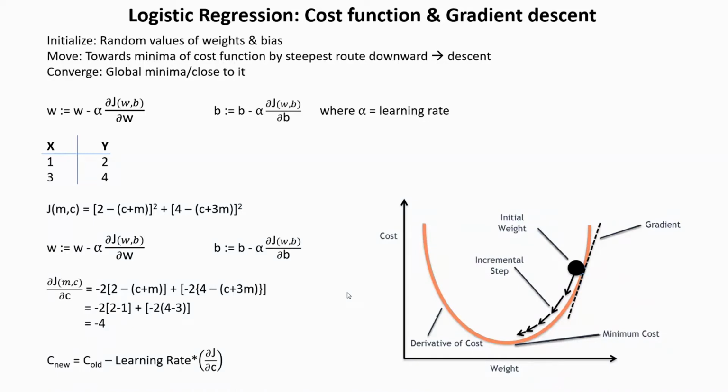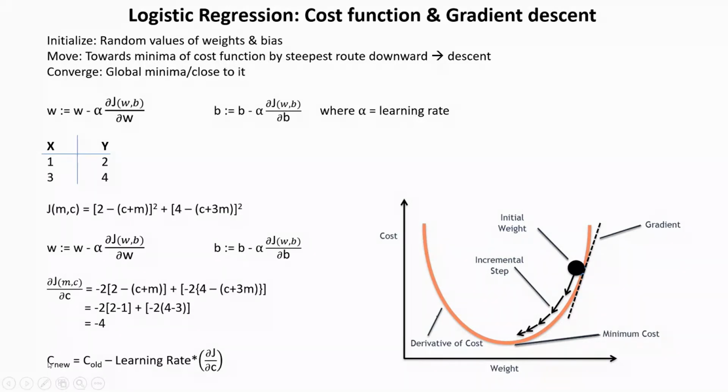I did not follow. Because the new C, if the derivative of the cost function with respect to parameter C is a negative value, right? If that is negative, the new C would obviously be greater than the old C. Right, it has to. No, okay, your C is not the cost here.